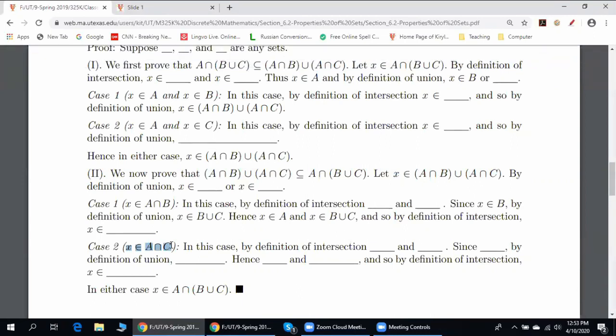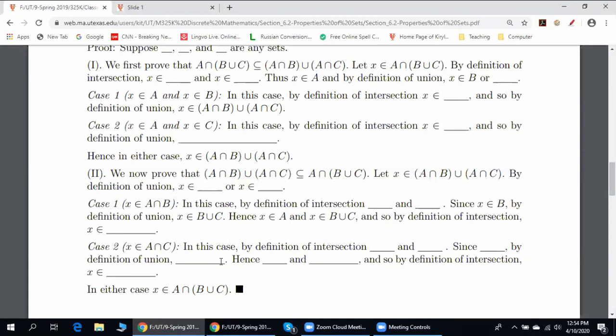Right, I'm just trying to check what goes in the blanks. So in this case, by definition of intersection, X is from A and then X is in C. And then since X is from C, by definition of union, X will be from B union C. So over here, we put same as this.